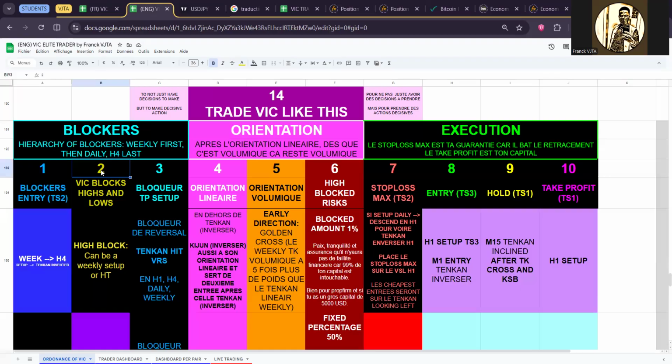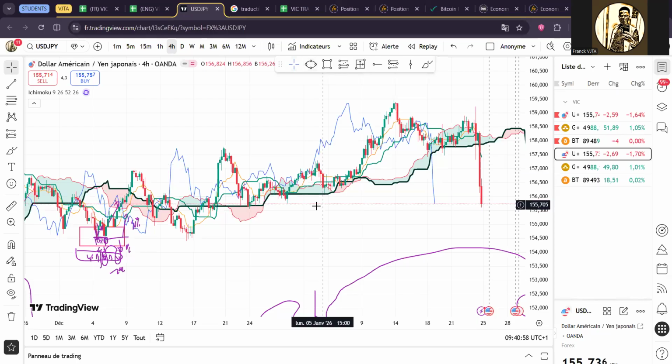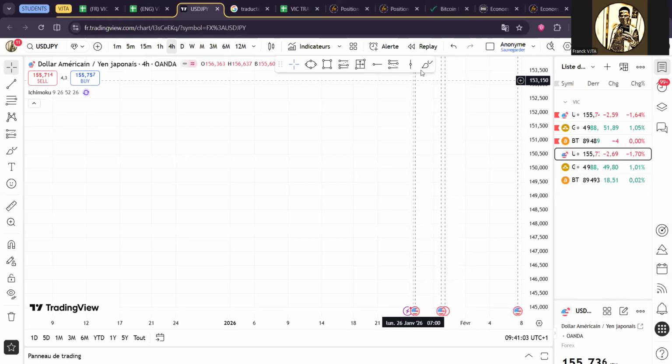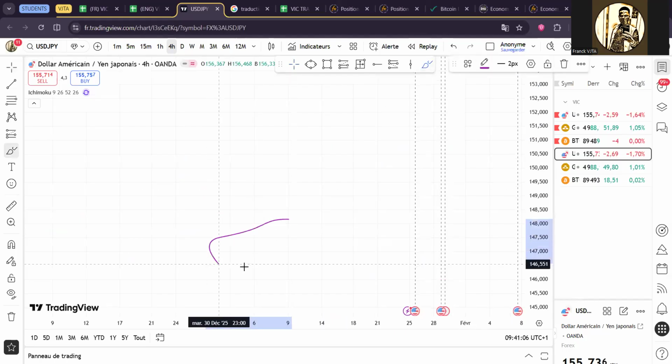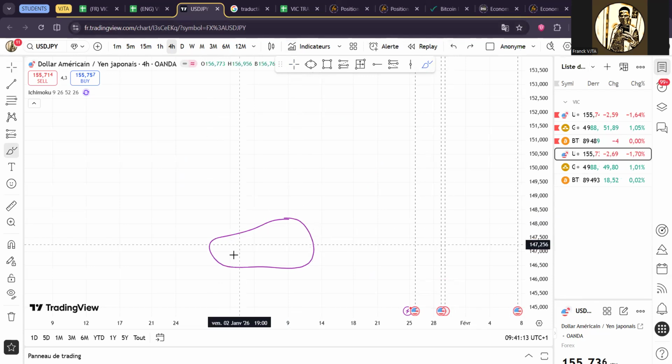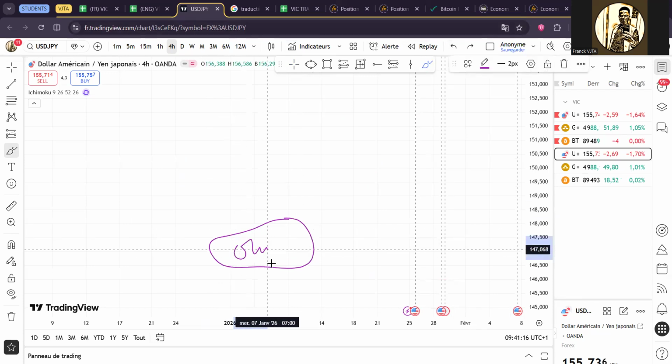So now let's look at the blocker number 2. It is about the Ishimoku cycles. You remember the Ishimoku cycle. The Ishimoku cycle has here the origin, right?